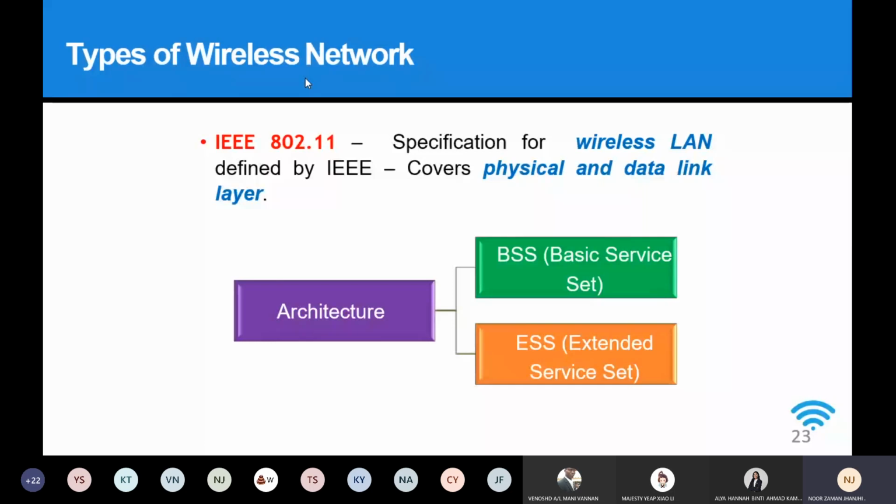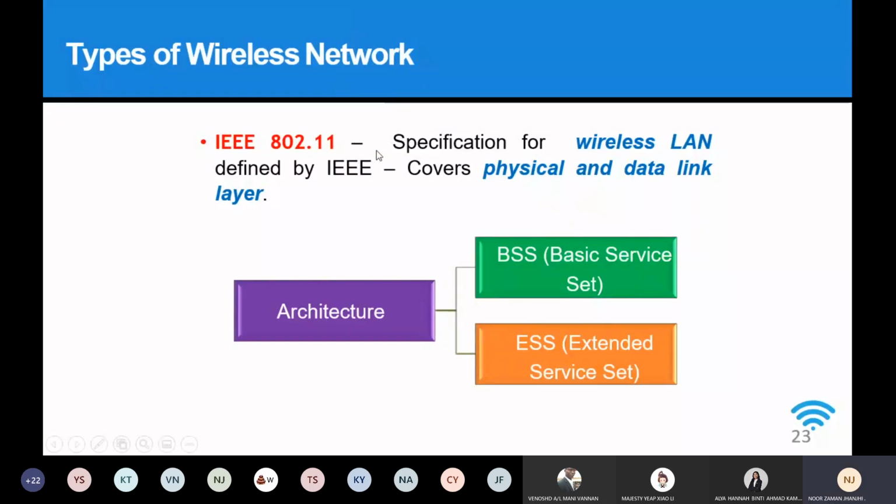One type is known as BSS and another type is known as ESS. This is very important. BSS stands for basic service set, and ESS stands for extended service set. So now we need to understand what the basic service set is and what the extended service set is.